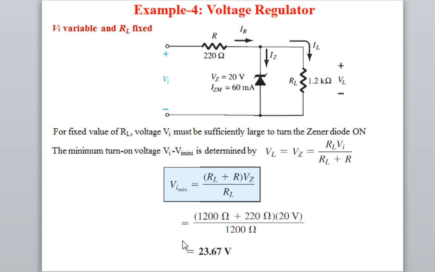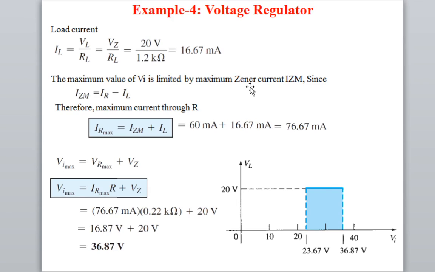If you solve this, it will give 23.67 volt. So this is the minimum input voltage we require, which will turn on the Zener into conducting state, or on state.